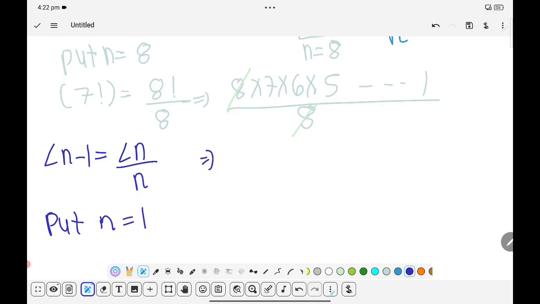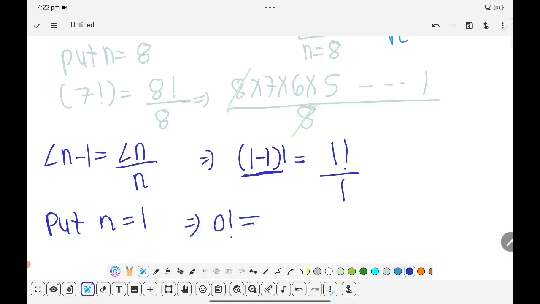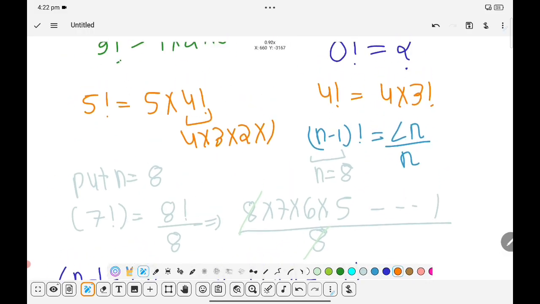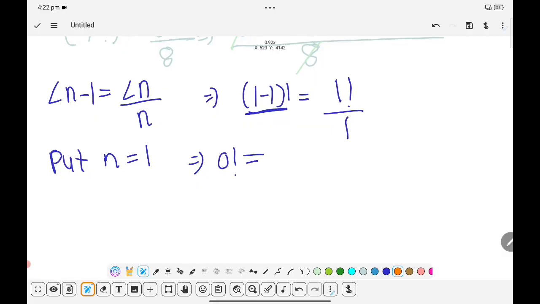So I get 1 minus 1 factorial equals 1 factorial divided by 1. 1 minus 1 factorial is 0 factorial. 0 factorial is equal to, now what is 1 factorial? 1 factorial we just now saw is 1. So it is 1 upon 1. So now what is 1 upon 1? It is 1 only. So we get 0 factorial equals 1. What is 0 factorial? 0 factorial is 1.